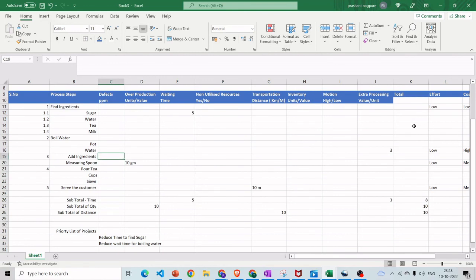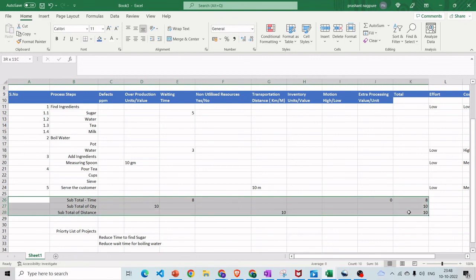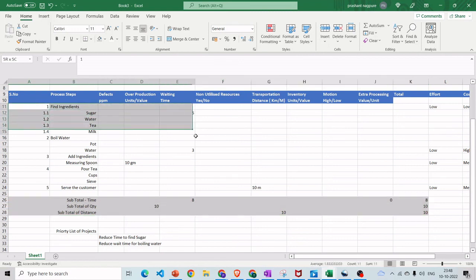Okay, and here what we can do is in the error we can just say, okay, this could be the waiting time, right? And so on and so forth we can add a more number of projects. So in a sense, the spreadsheet or the template becomes your starting point of identifying simple process opportunities to reduce wastes in your projects or processes.